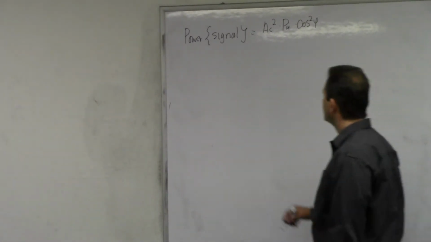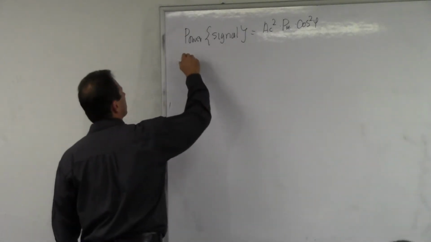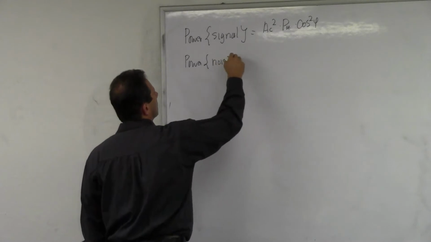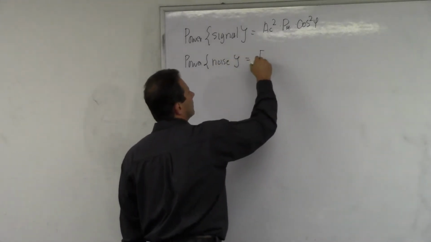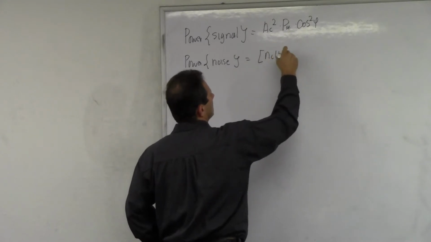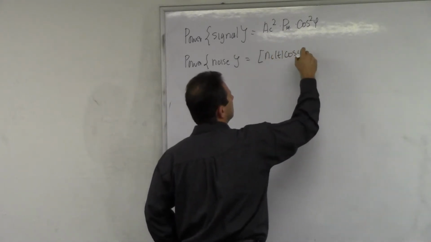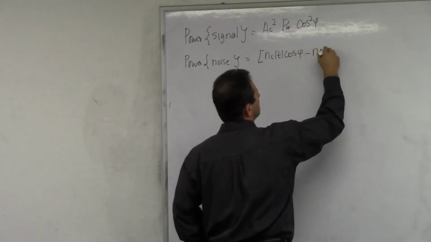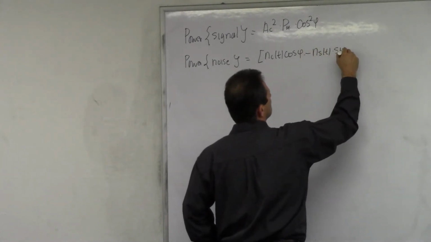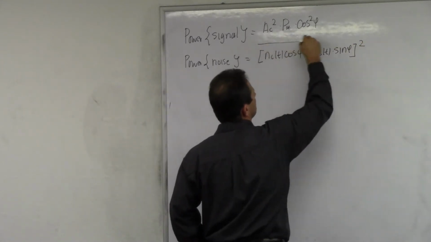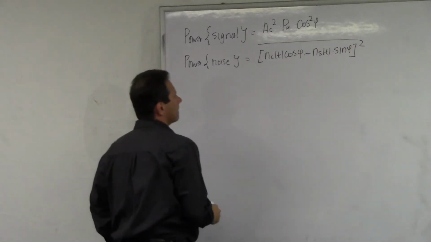The power of the noise is going to be Nc of t times cosine phi minus Ns of t times sine phi, and I have to square that and average it over time.